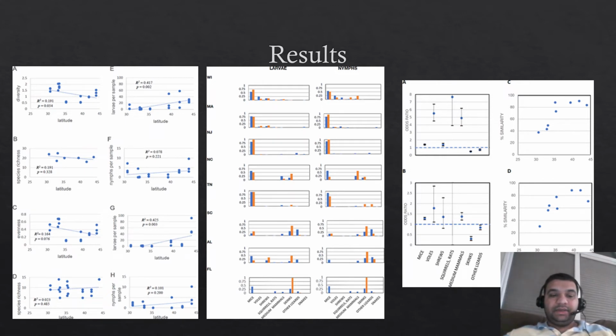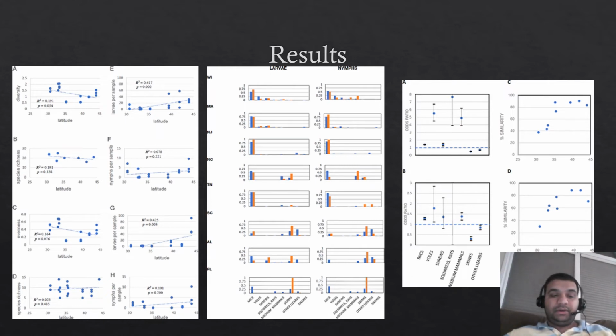C is the evenness. D is the species richness of the number of species of animals that were photographed, so instead of collected. Then E is the larvae, F is the nymphs in 2011, G is the larvae in 2012, and H is the nymphs in 2012.